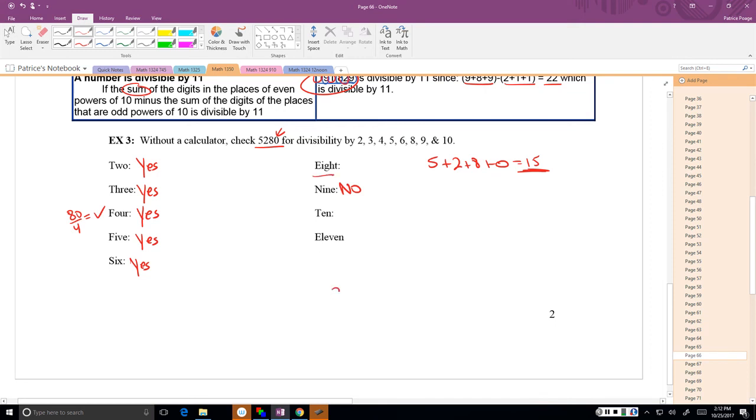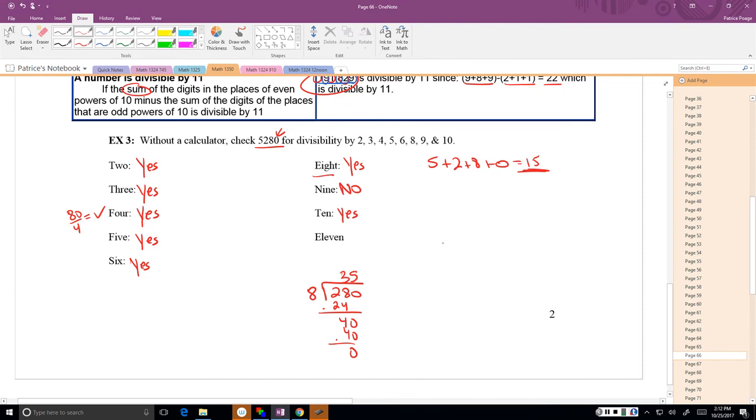Well, you'd have to check 280 to see. If I divide it by 8, I can go in there 3 times, and again, you can use your calculator, and then 5 times, and that's perfect. So yes, it is divisible by 8 because 280 is divisible by 8. Is it divisible by 10? Yes. Why? The last digit is a 0.